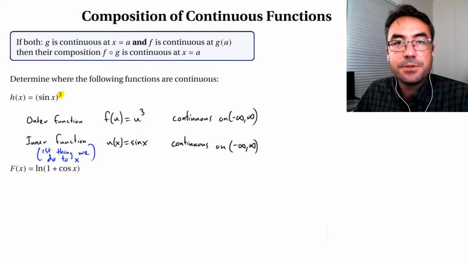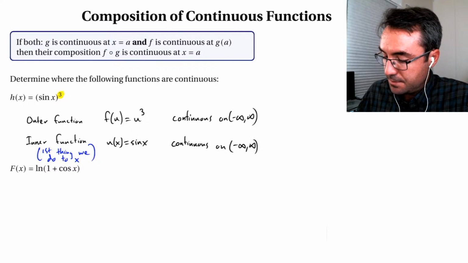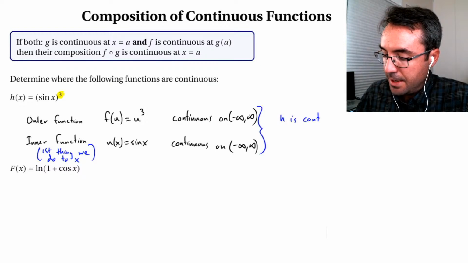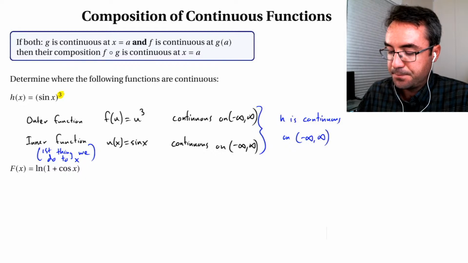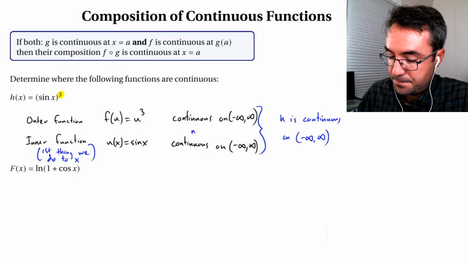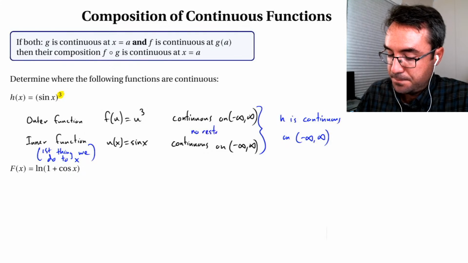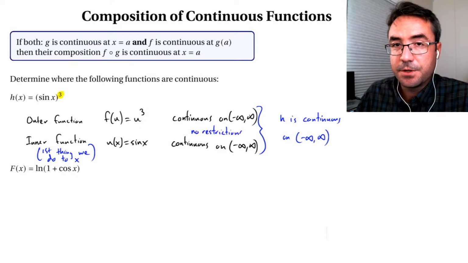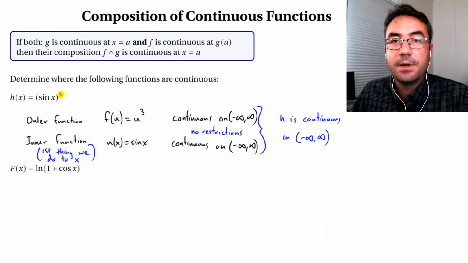So when we combine those two functions, by composition, the result is continuous. And it's continuous on the interval from minus infinity to infinity. So there's really no restrictions here. Both of these functions are perfectly fine.